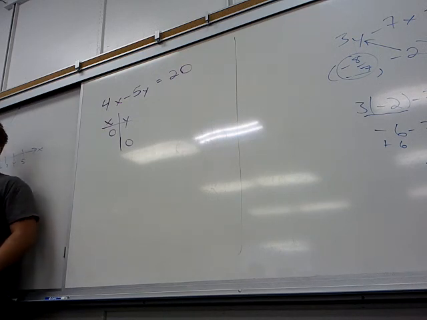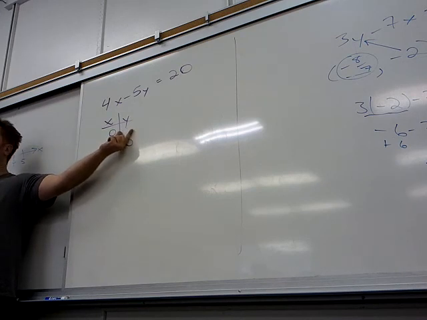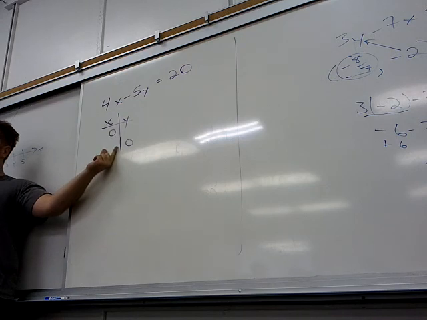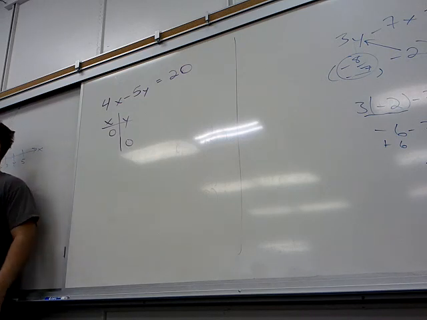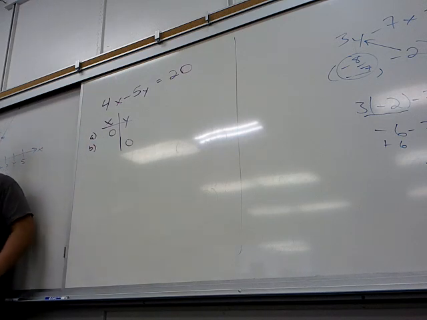What is the question that this is asking? It's like two parts to this question, right? It says, what is y when x is 0? And then the second part says, what is x when y is 0? So go ahead and do those two parts. Put a little A and a little B there. Part A, part B.